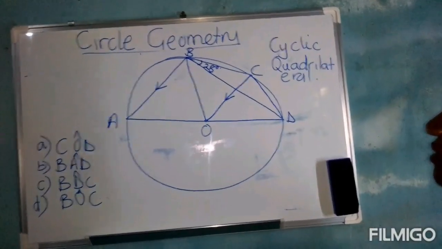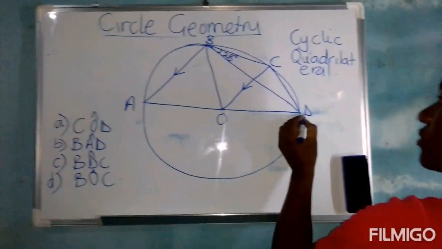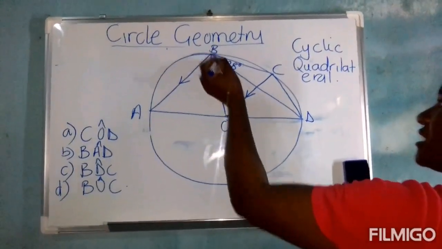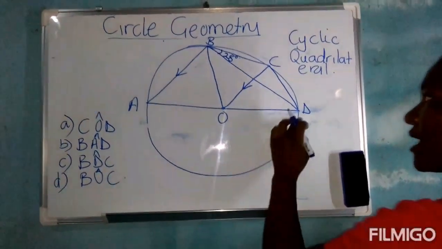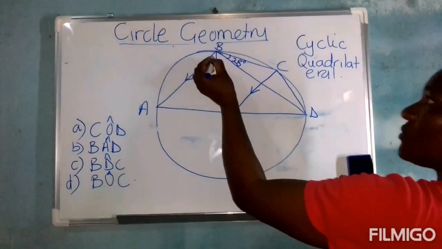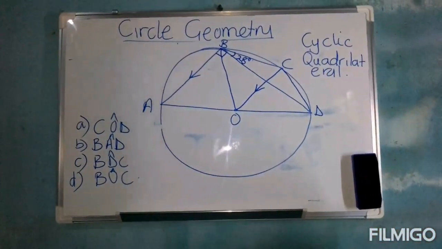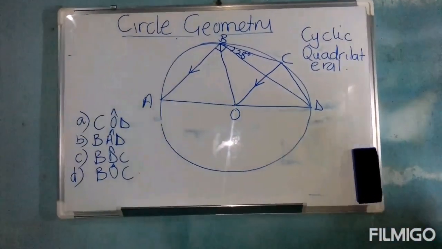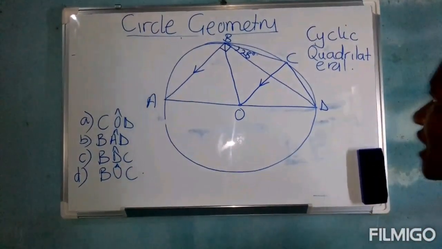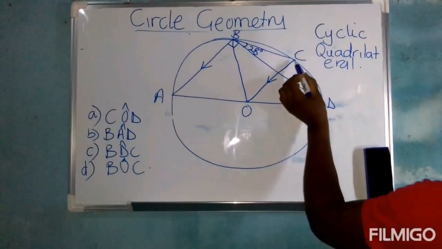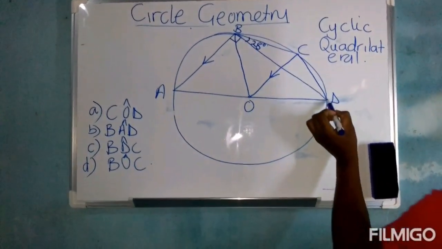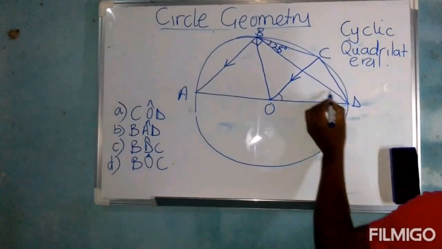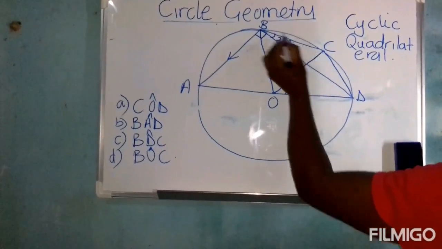we can first of all use the theorem. We have our diameter there. The angle subtended at the circumference by the diameter is equal to 90 degrees. So we already have our 90 degrees there. Then we also know that an angle subtended by a chord at the center is twice an angle subtended by that same chord at the circumference.